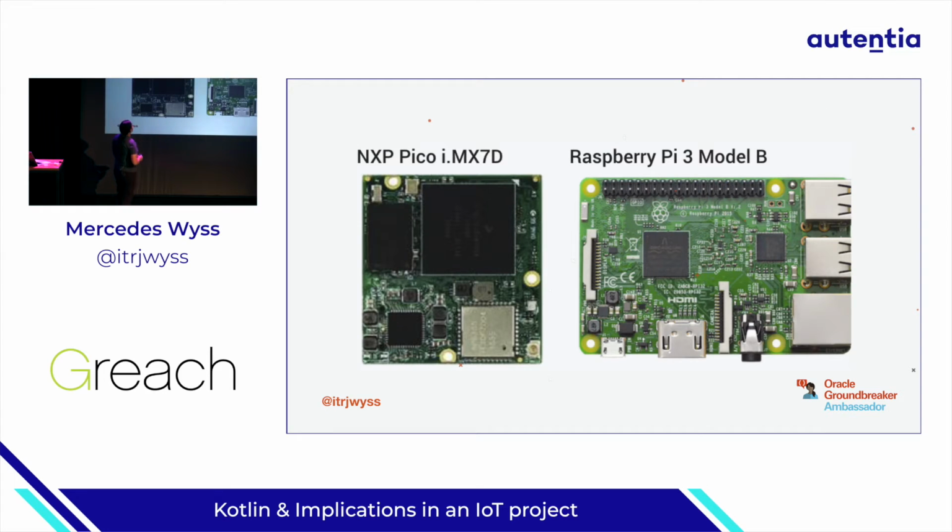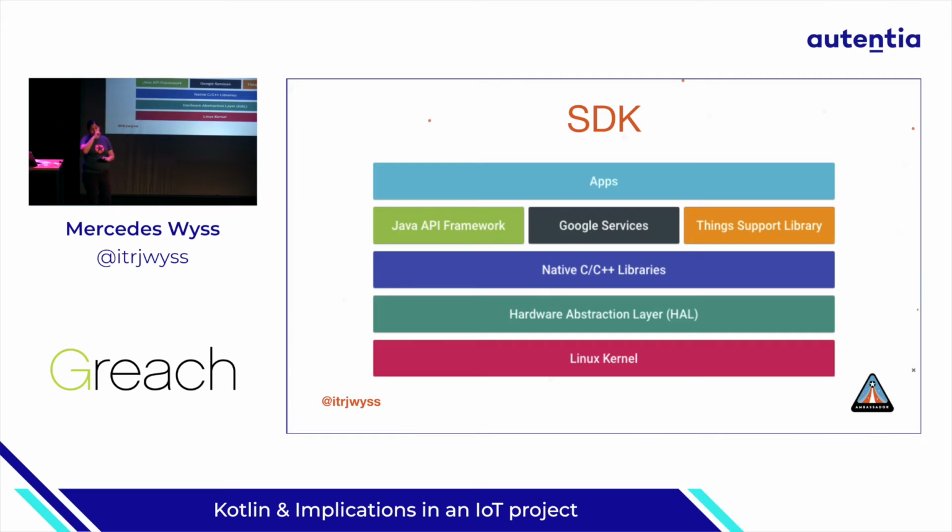We can only use Android Things on these two microprocessors, the Raspberry Pi and NXP Pico. So this is a little diagram of how all this works. If you know or not, Android is an operating system based on the Linux kernel that 11 years ago was optimized for smartphone devices.